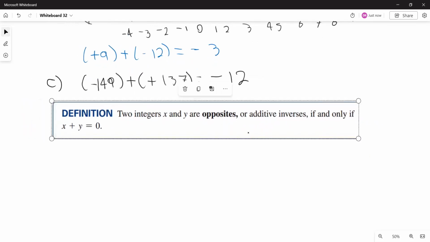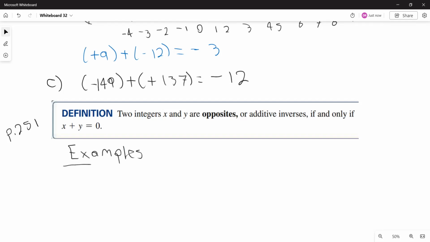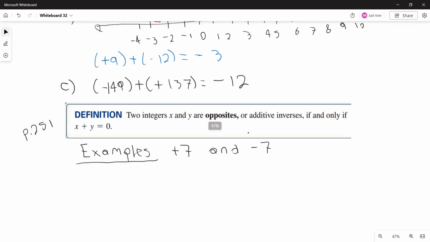So that's page 251. So examples of that can be -7 and 7, or if we're picky about that, +7 and -7, or -15 and +15.